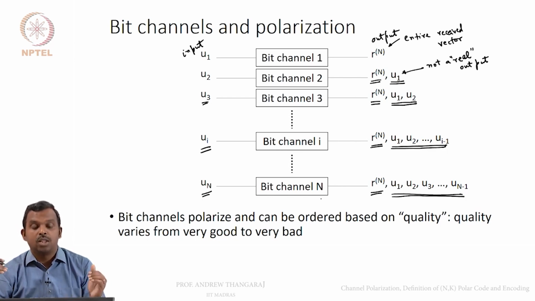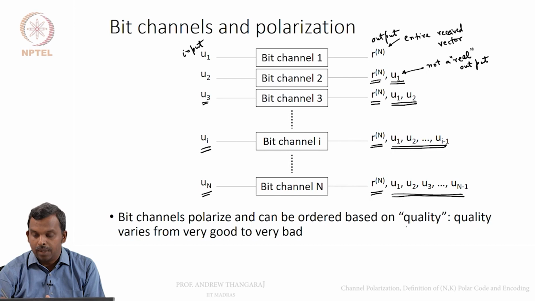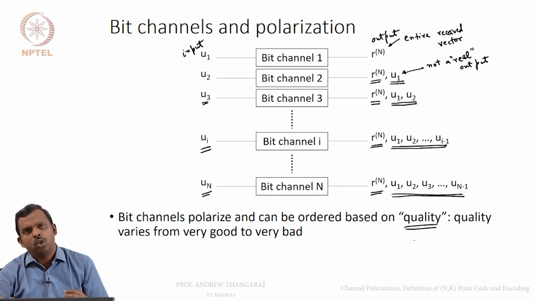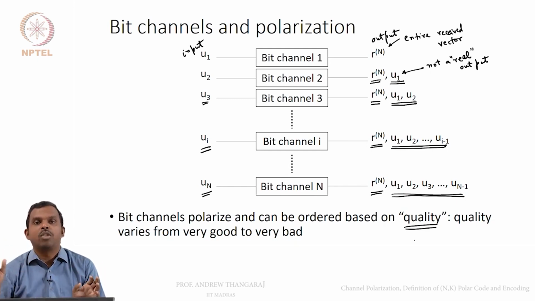It turns out you can study these bit channels very carefully, and you can order them based on quality. And the quality you can show varies a lot from very good to very bad. And it turns out as you increase n, they either become very good or very bad. There are literally no channels which are mediocre. Neither very good nor very bad.